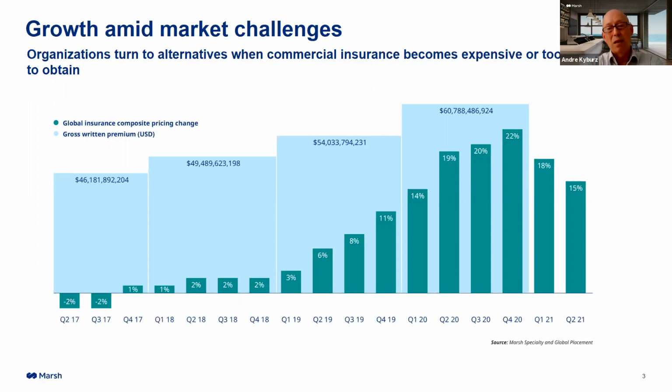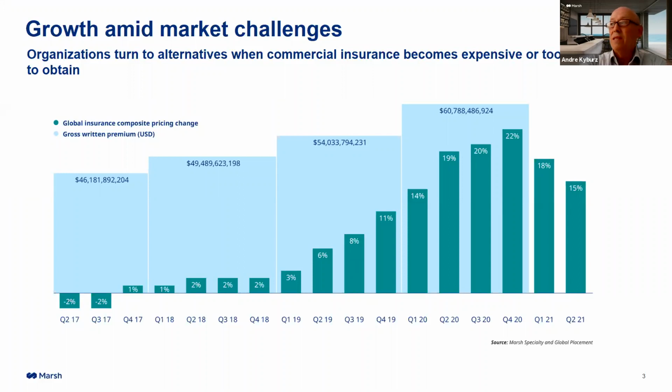It's really a market cycle driven demand for alternatives at the moment, after a very long soft insurance market cycle, probably since shortly after 9/11, when the market went soft and stayed soft for a long time.